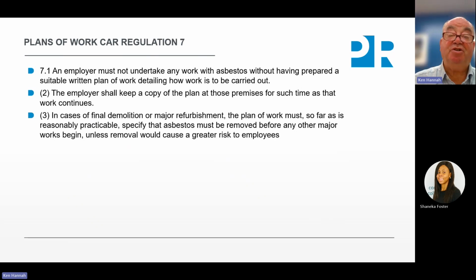If, however, you're just having a look and you're not disturbing the fabric of the building, that is allowable. But beware of dust and disturbing dust. So in the cases of final demolition or major refurb, the plan of work must, so far as is reasonably practicable, specify that asbestos must be removed, or it could be encapsulated, before any major works begin.